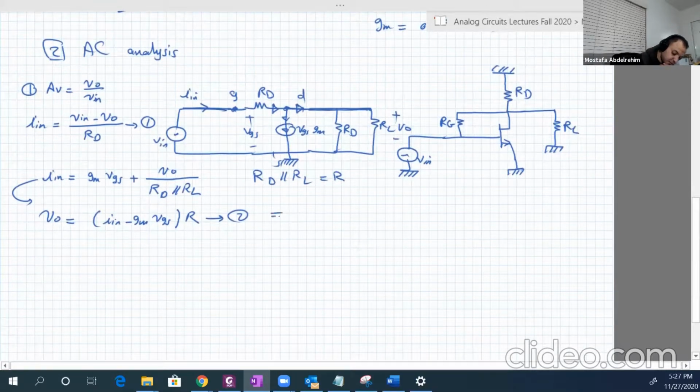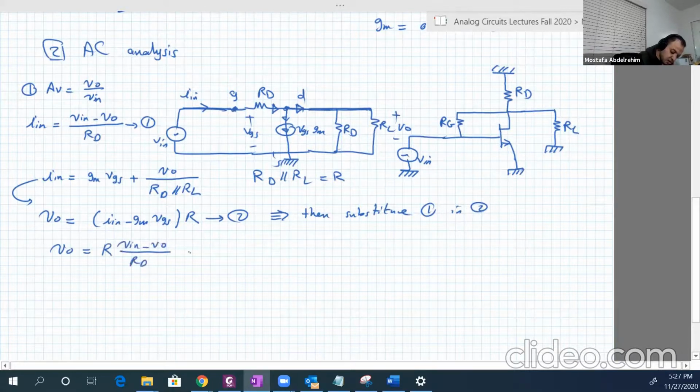Substitute 1 and 2. So remove I input and put V input minus VO over RD. So VO is equal to R times V input minus V output over RD, minus GM VGS R. And remember V input here, this is V input.